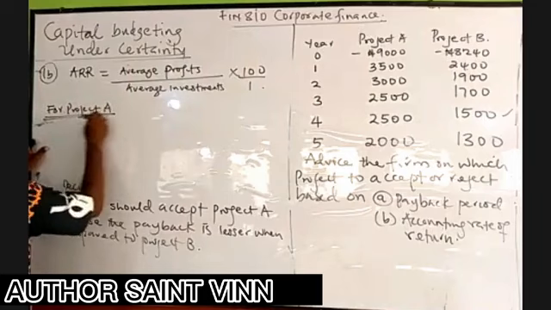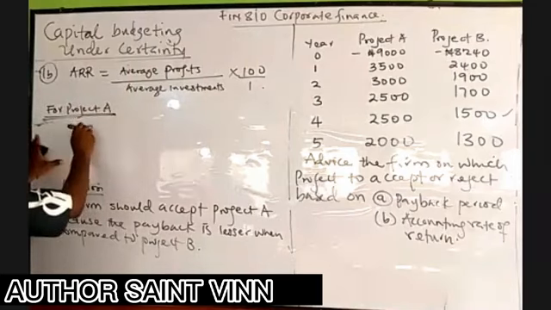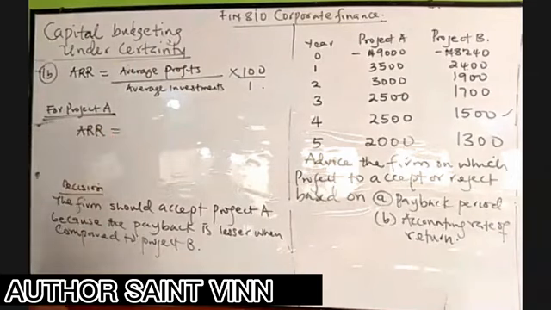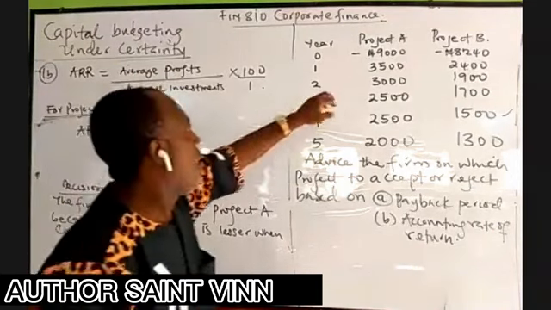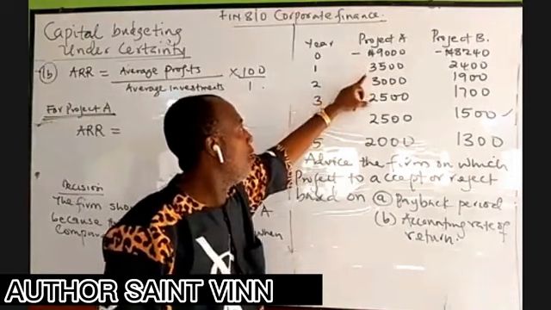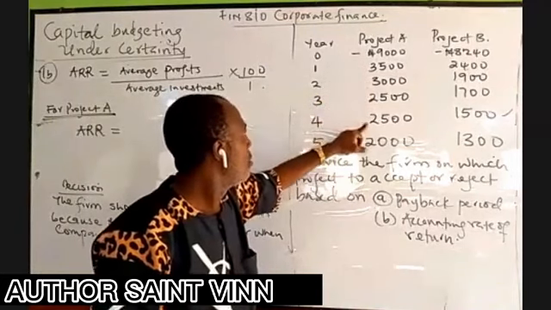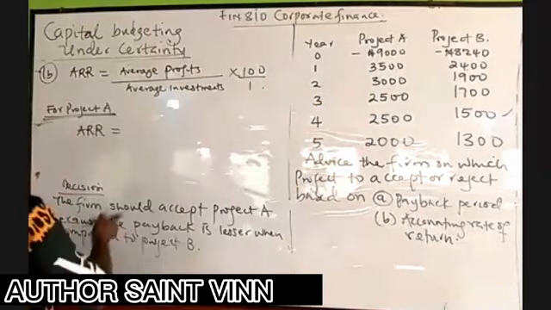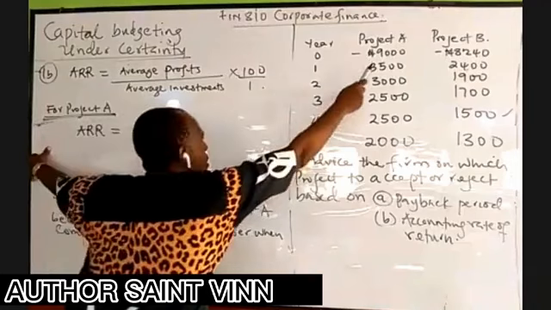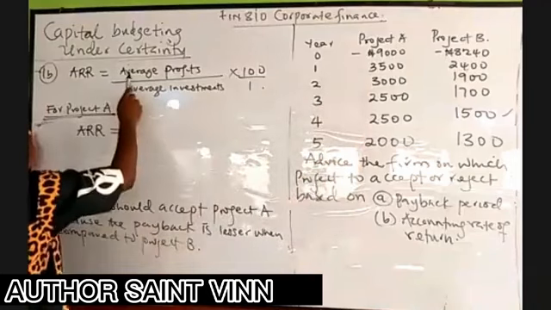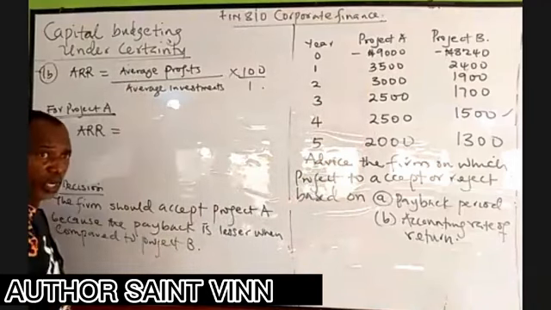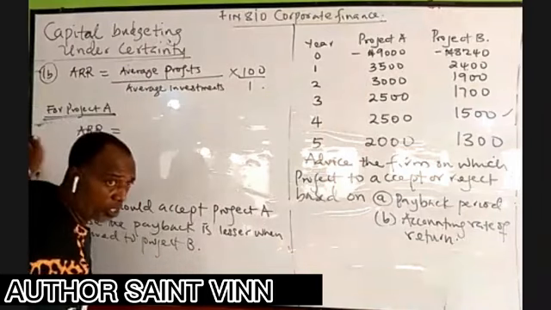For project A, our ARR: these are our profits, or income, whichever one. We add all this. How many are they? You know the meaning of average? Divide by what?